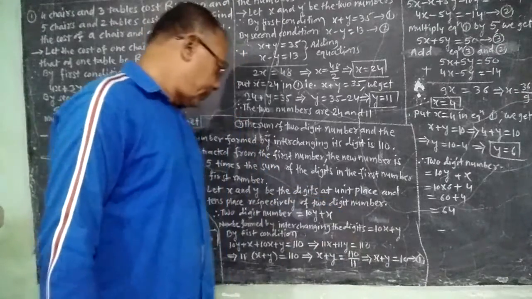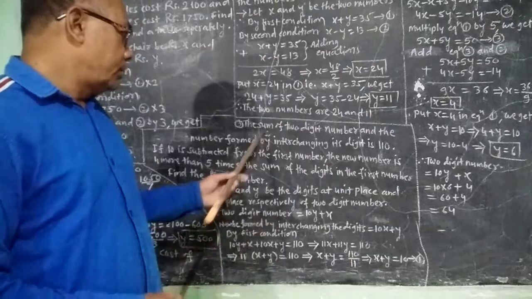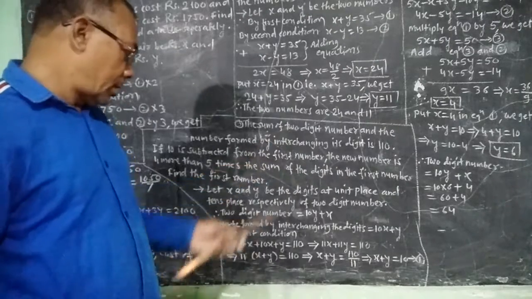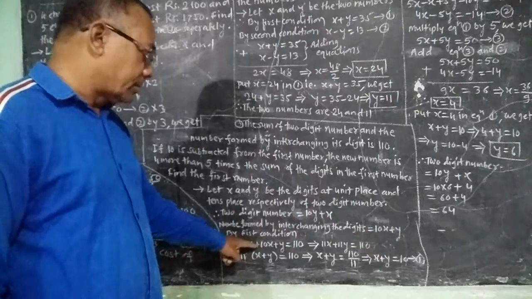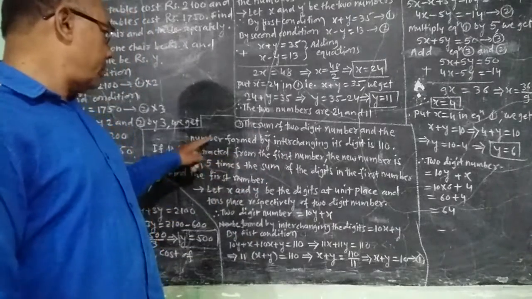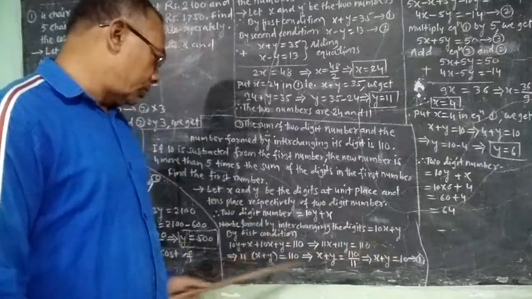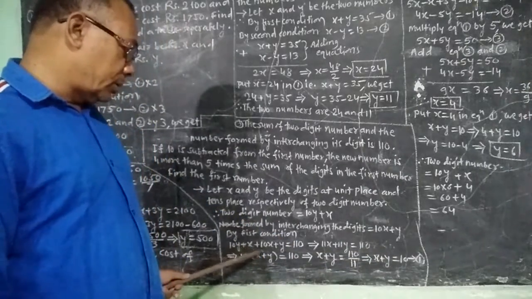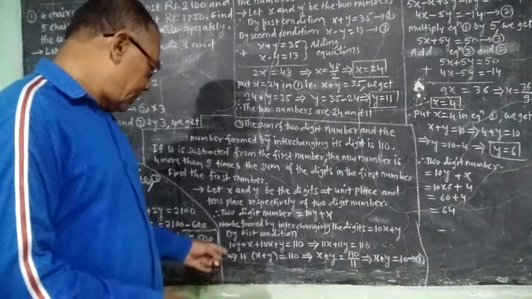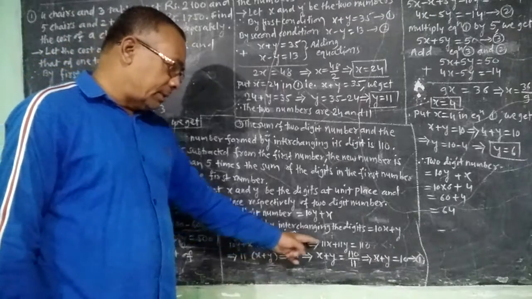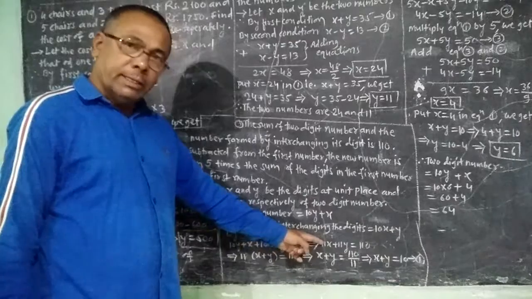10x plus y. Now by the first condition, the sum of our two digit number 10y plus x and the number formed by interchanging, that is 10x plus y, is 110. So 10y plus x plus 10x plus y is 110. Here 10y plus y is 11y, and x plus 10x is 11x.